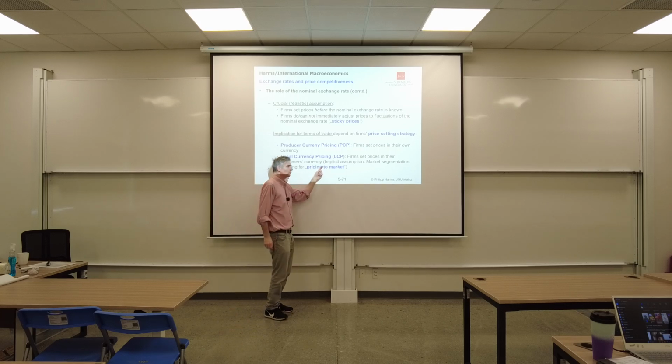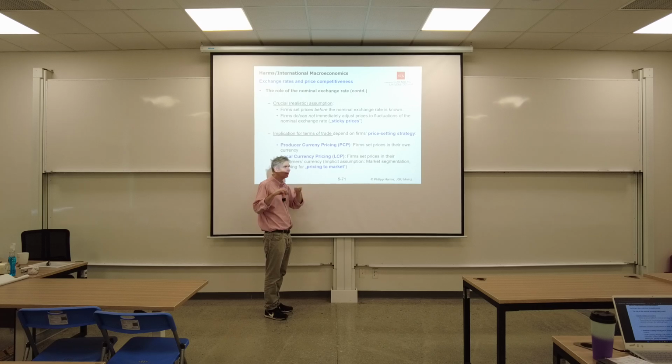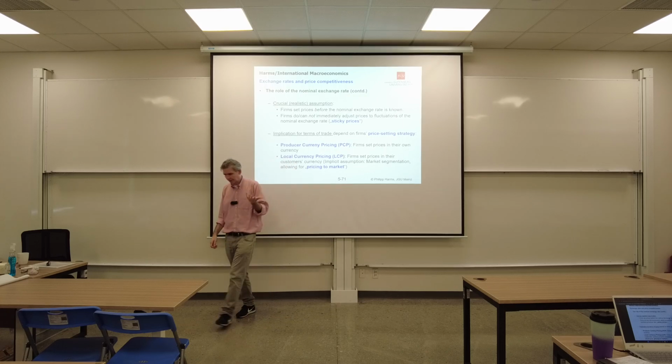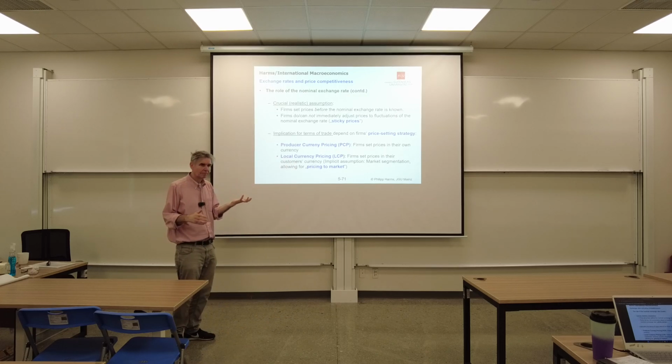So we have to assume that there's no possibility of goods arbitrage, so we need some market segmentation. German producers have to be sure that the price difference in the UK is not arbitraged away, and that's called pricing to market.